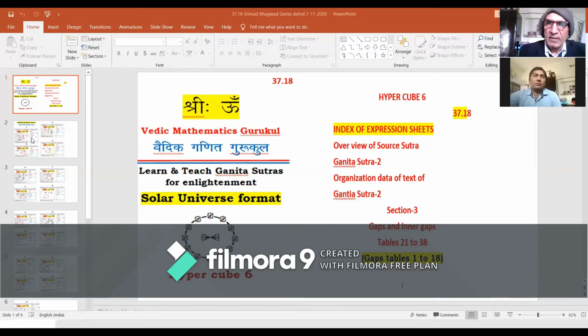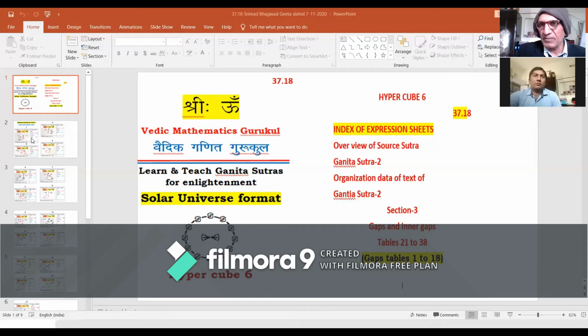We are going to see how these mathematical processes have been availed to reach the organization of Vedic knowledge of the order of Srimad Bhagavad Gita.